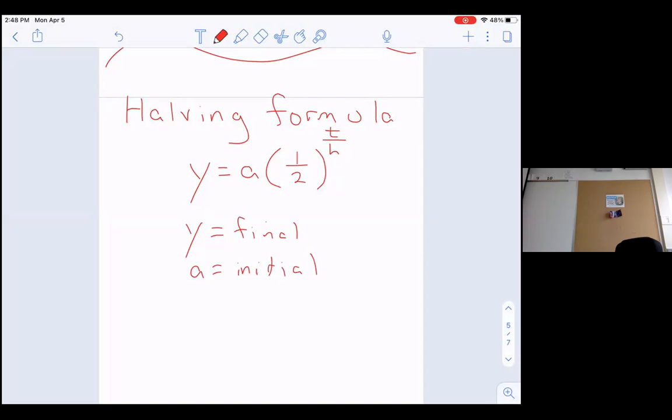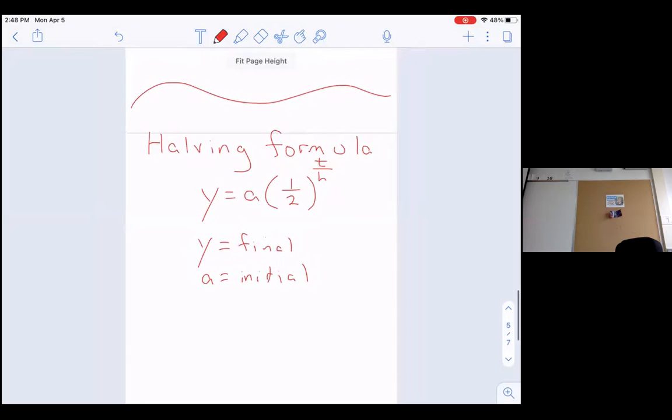Now, 1/2, of course, is a number. We don't need to define that, but where that really comes from, if you look back in our other formula, that was a b to the x, like that b value, if you took 1 minus half of something, or 1 minus 50%, you would get 0.5, which is 1/2.